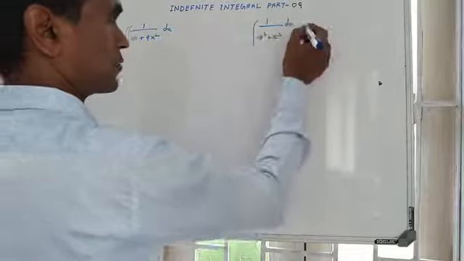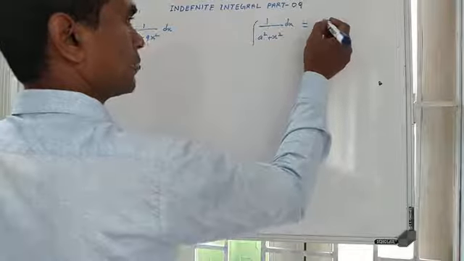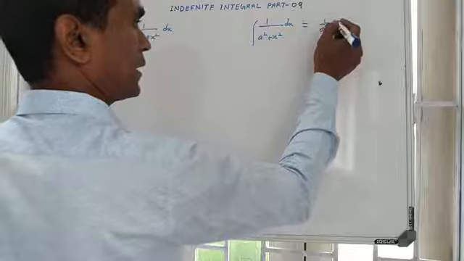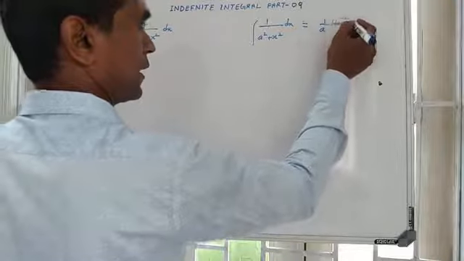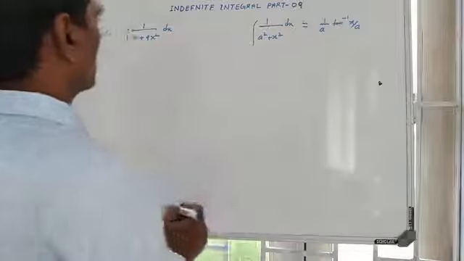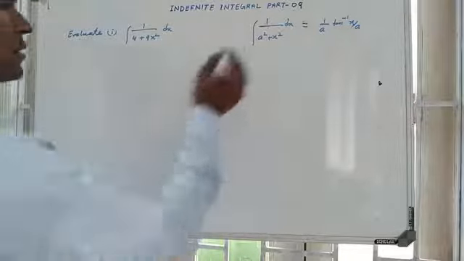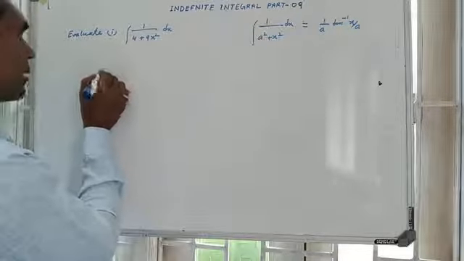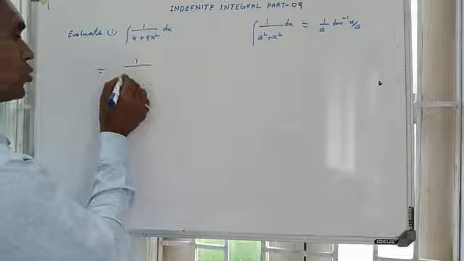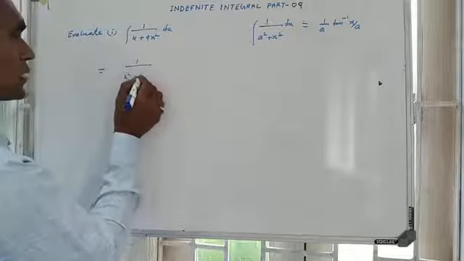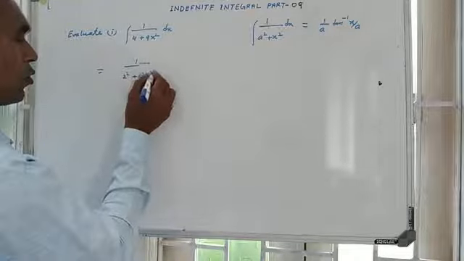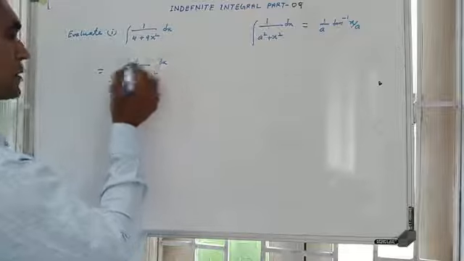What is the formula for this? 1 by a tan inverse x by a. So we can change this into this form: 1 by 2 square plus 3x whole square, dx.